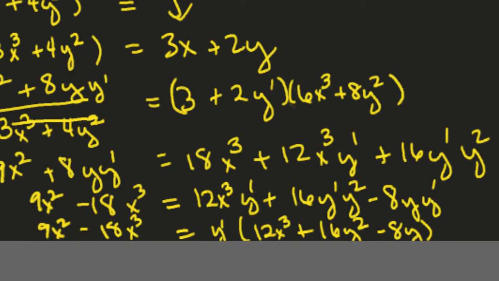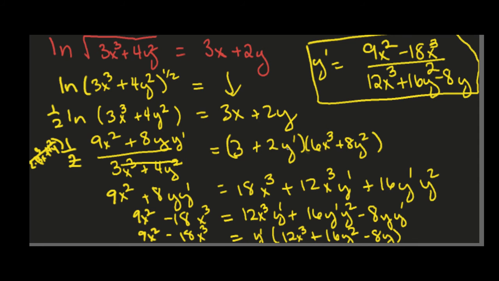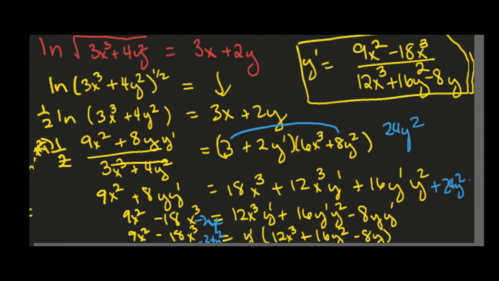So let me see. Okay, so I apparently forgot this term here, the 24y squared. So it should have been on this step. It would have been subtracted over on this side and ended up in your numerator. Sorry about that.